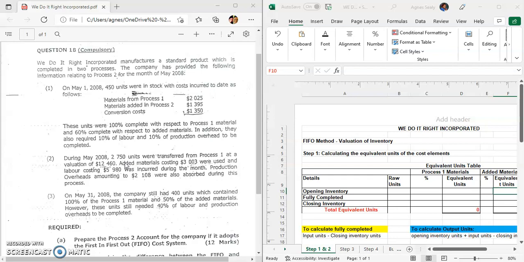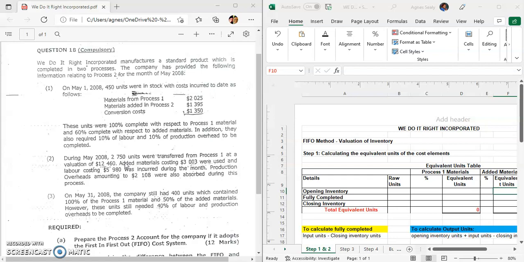They stated that added material costing $3,003 was used, and labor costing $5,980 was incurred during the month. Production overhead amounting to $2,108 was also absorbed during this process.